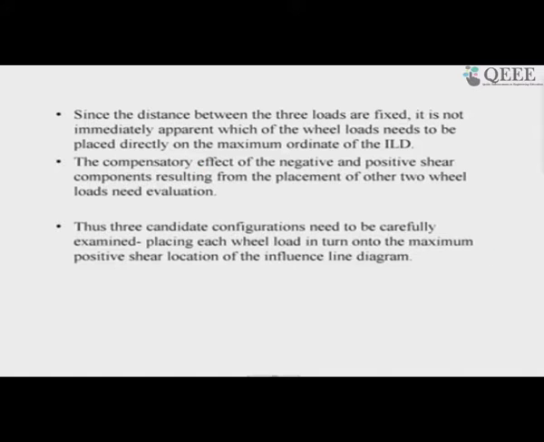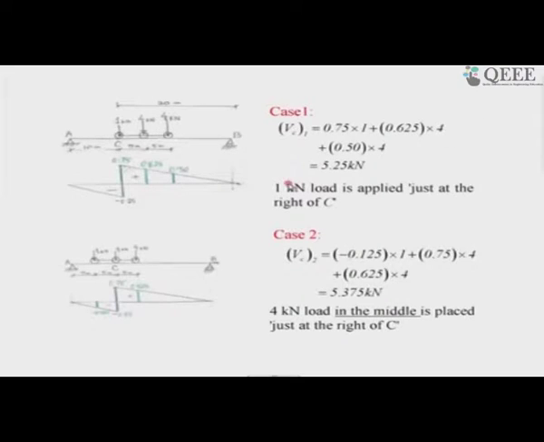In the first configuration we are examining for the maximum positive shear, you observe that we are trying to determine the maximum positive shear force at C from the influence line diagram of the shear force at that section.